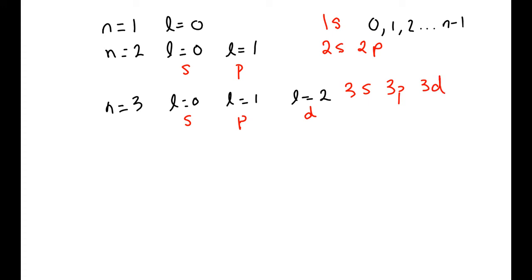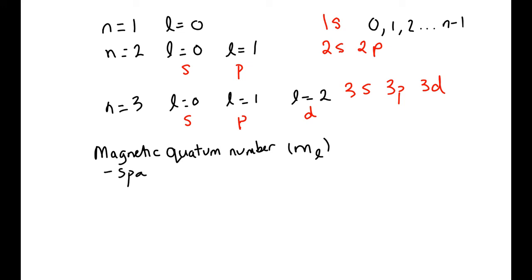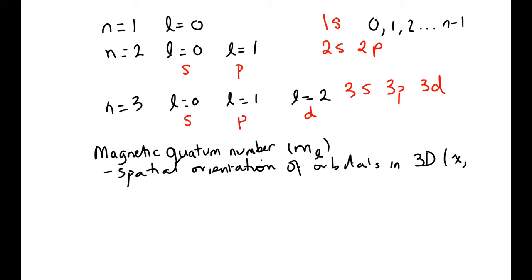The third quantum number, or rule, is called the magnetic quantum number, and its symbol is m subscript L. This is the spatial orientation of orbitals in three-dimensional space, so along the X, Y, and Z axes.